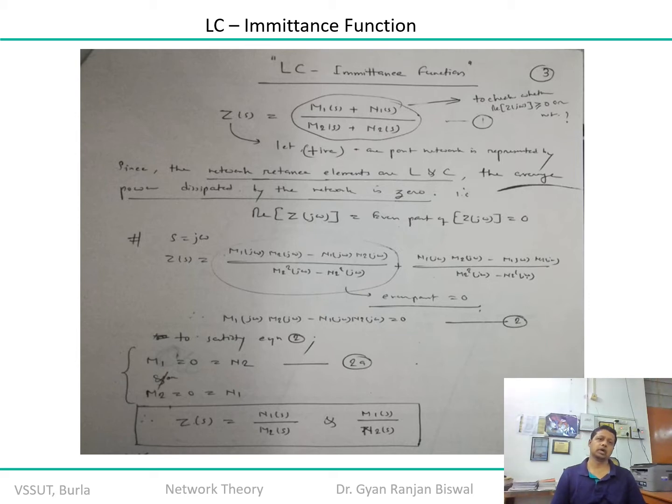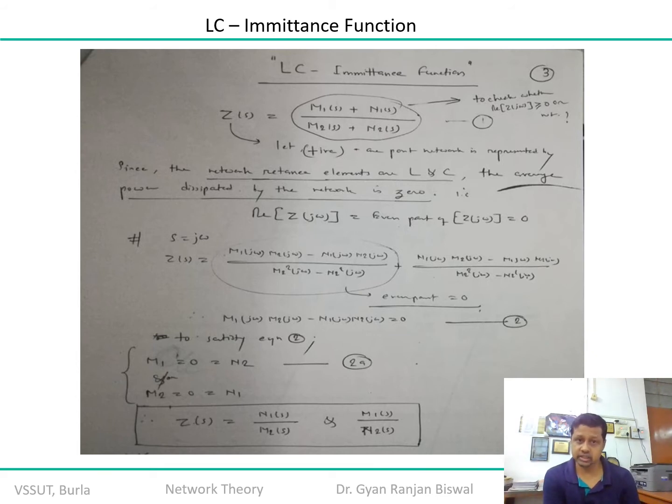That means the whole numerator polynomial is a Hurwitz polynomial such that the real part is greater than or equal to 0, and that combination is equal to m1(s) + n1(s). Understood? Whereas the denominator polynomial is represented as m2(s) + n2(s).